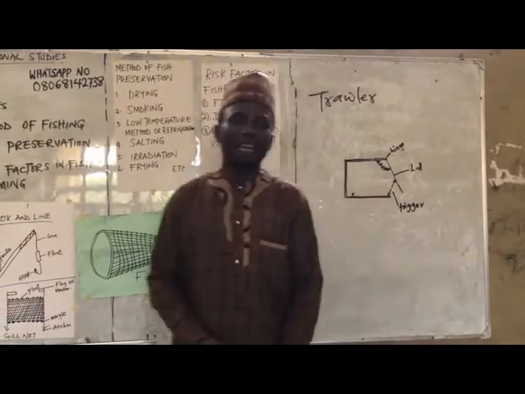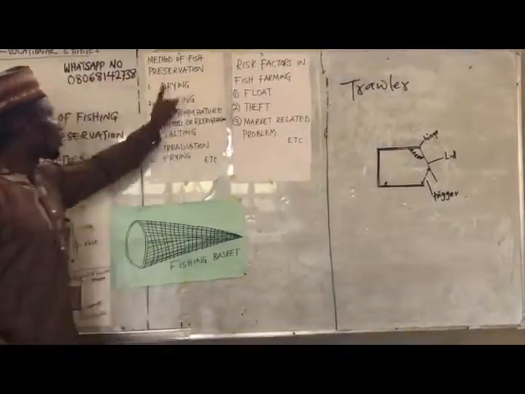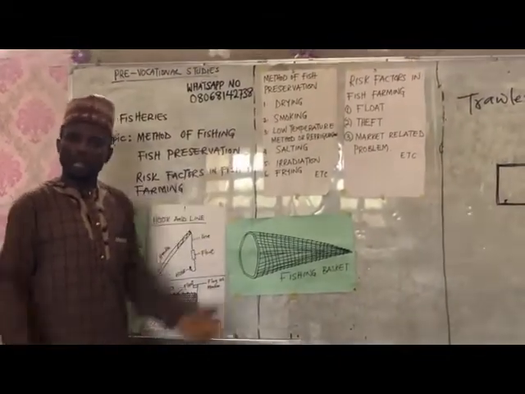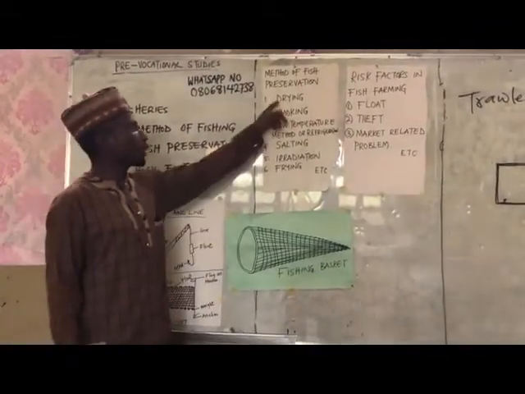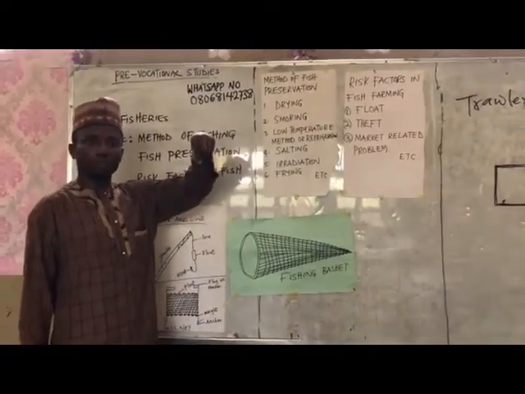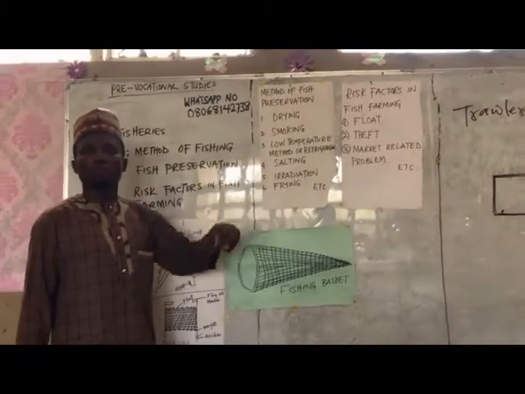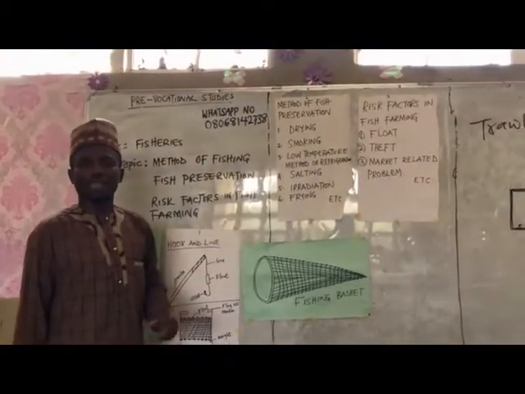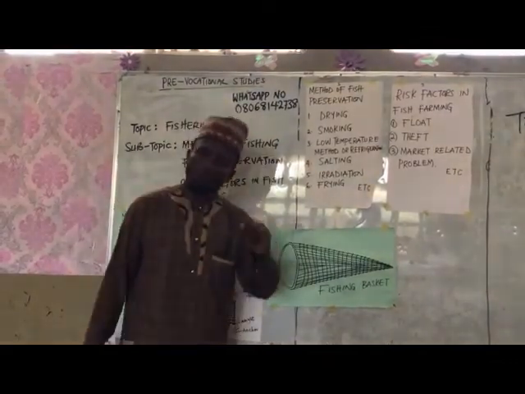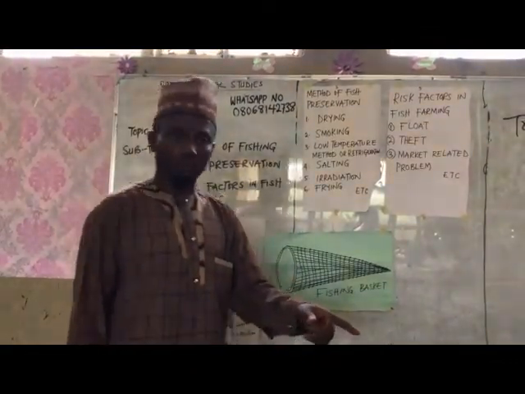Because the bacteria inside the fish, once that water is still there, it encourages their activities. But once the water has been dried by sun, this is capable of discouraging bacterial activity, and the bacteria will be rendered harmless because it is the bacteria that is causing spoilage here.